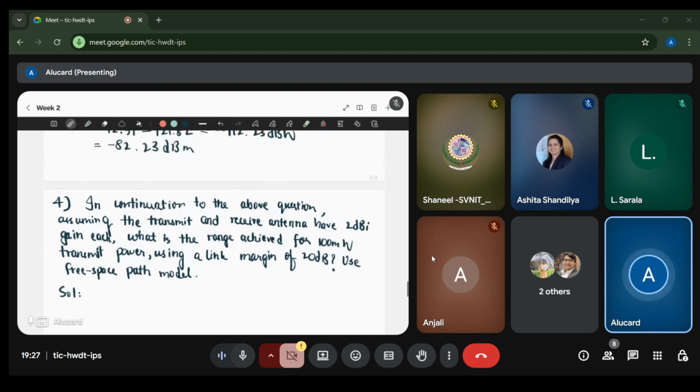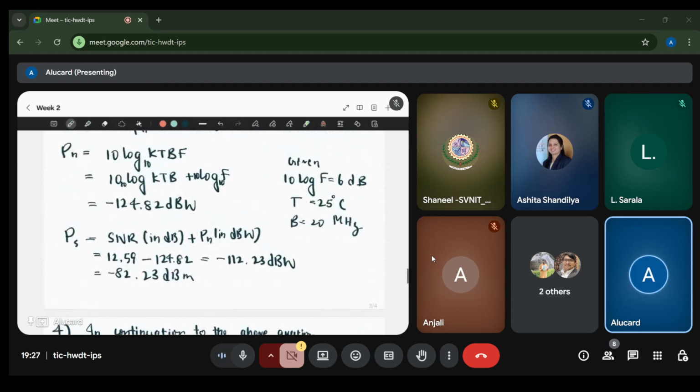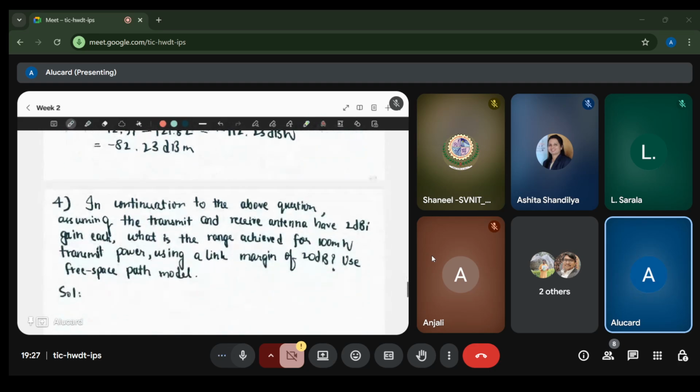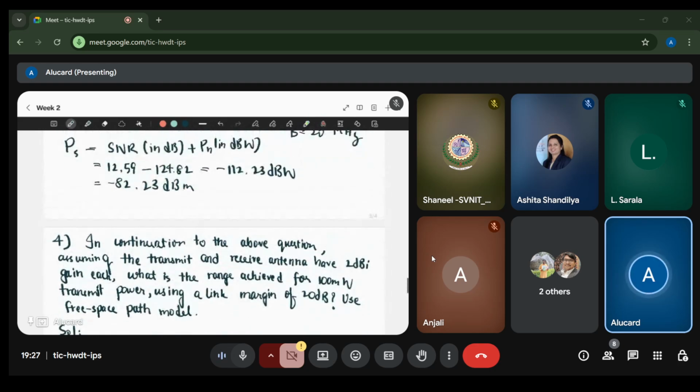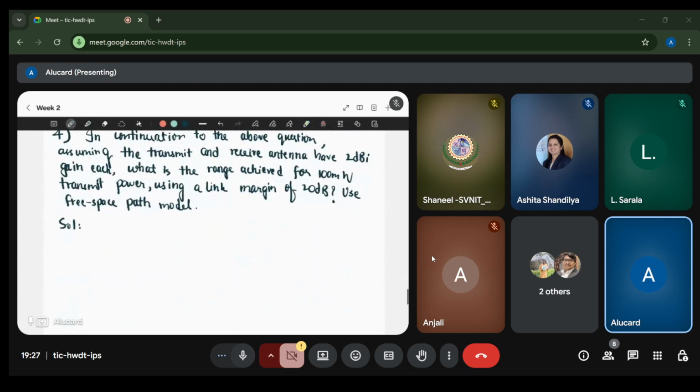So we have calculated receiver sensitivity in the previous question, which is minus 82.23 dBm.